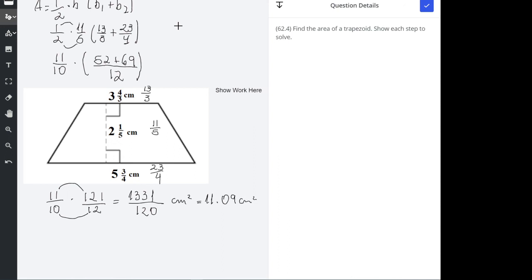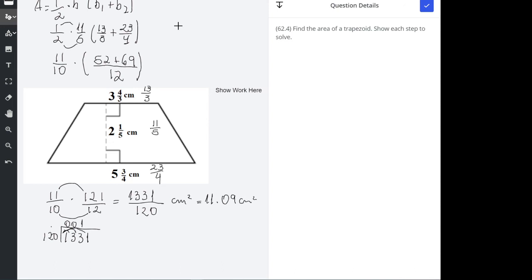You can. 1,331 divided by 120. Oh, can I do it? Yes. How many times does 120 go into 1? 0. How many times does 120 go into 13? 0. How many times does 120 go into 133? 1 time.